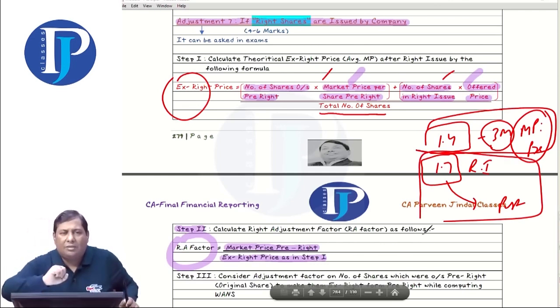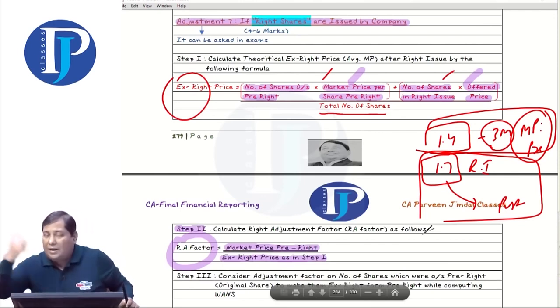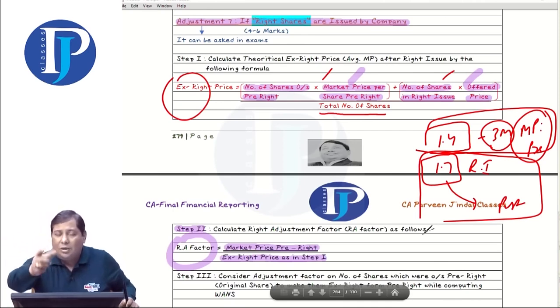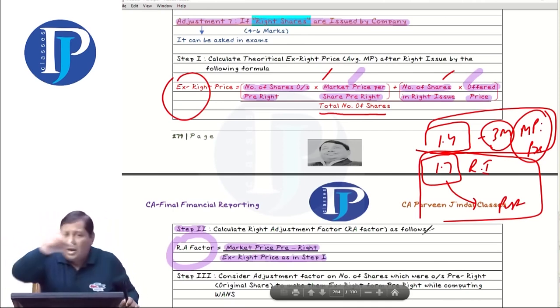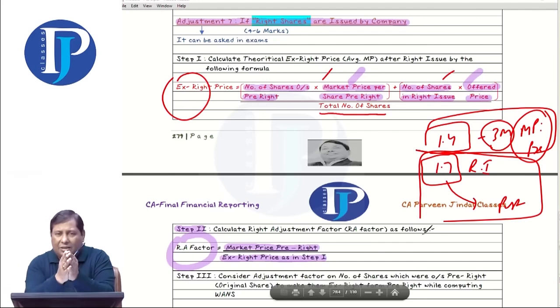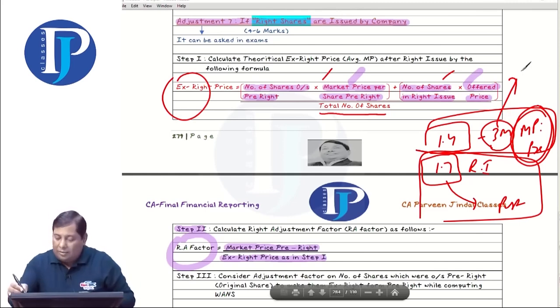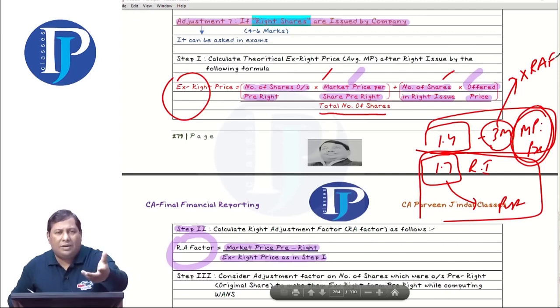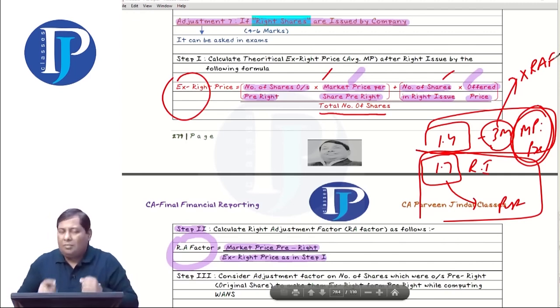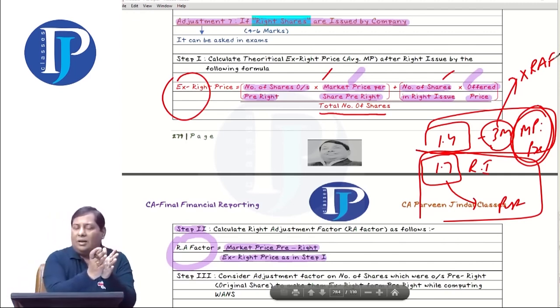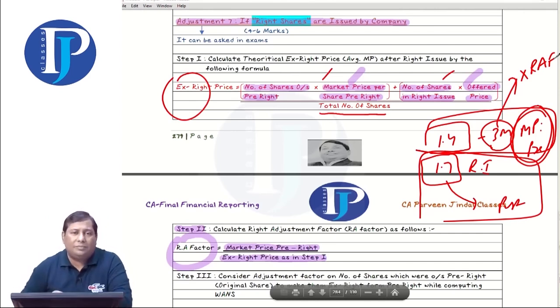Variation in the year: from April to June, the market price was the cum-right price for 3 months, but from July to March, it became the ex-right price. Cum-right shares cannot be clubbed with ex-right shares in the weighted average. So the 3 months of cum-right price need to be adjusted. If I multiply this by the RA factor, then my cum-right period will be converted into the ex-right one.